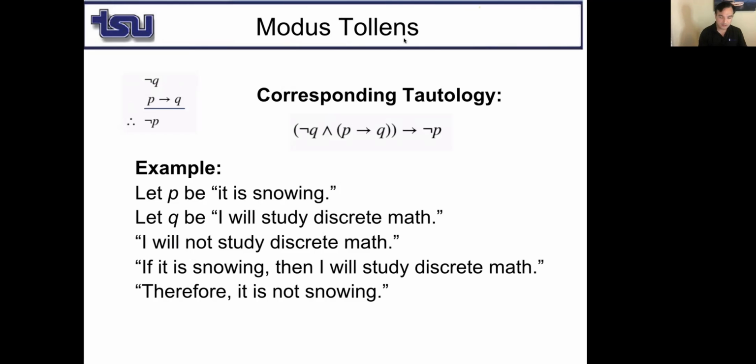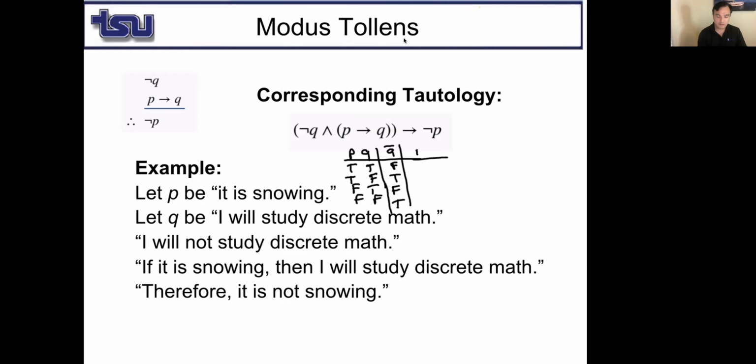Why not? Okay, we have P, we have Q: true, true, false, false, true, false, true, false. And then we have not Q: false, true, false, true.